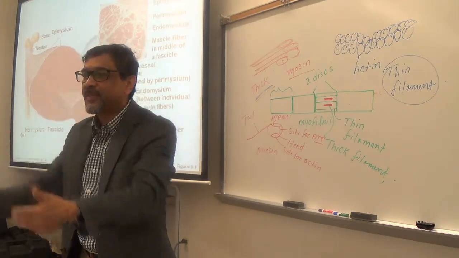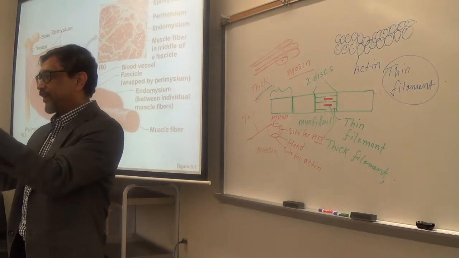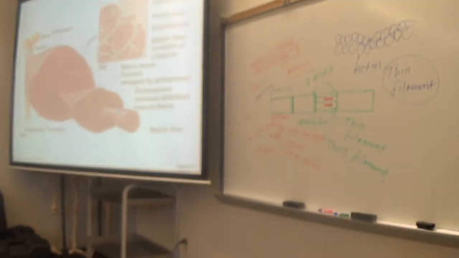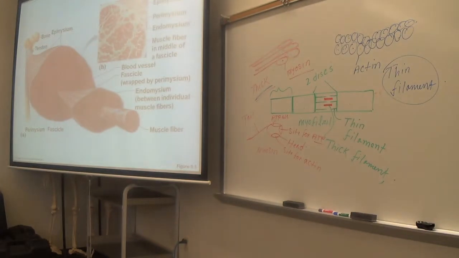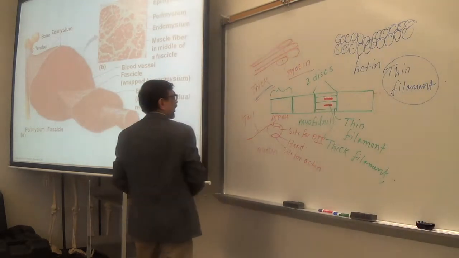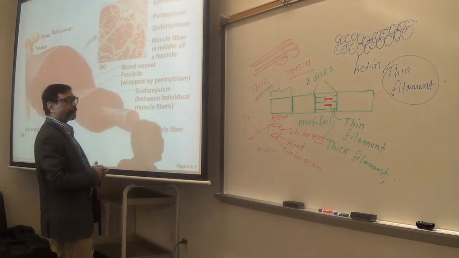And when all fascicles get short, the whole muscle contracts, gets short, right? Because fascicles are inside the muscle. Okay, so that's how the contraction starts. The Z discs start to come close to each other. That shortens the myofibrils. Okay, and all happen at the same time.